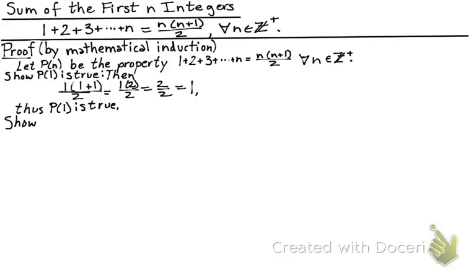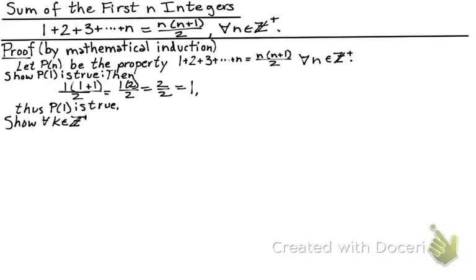So show for all k greater than or equal to 1, which is essentially the same thing as for all integers k that are positive integers, because they would have to be greater than or equal to 1.